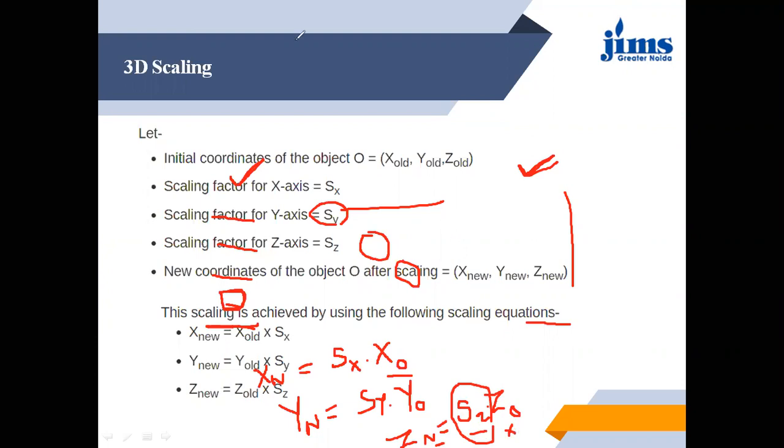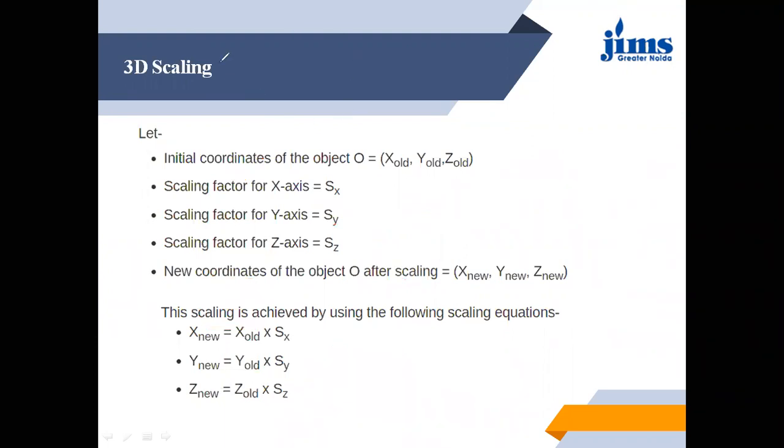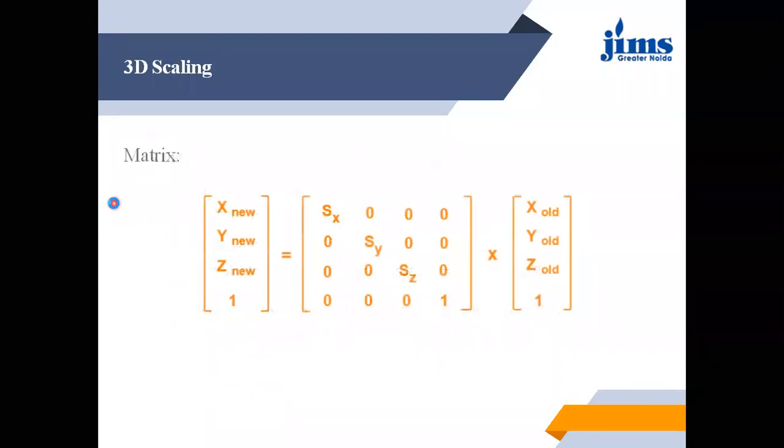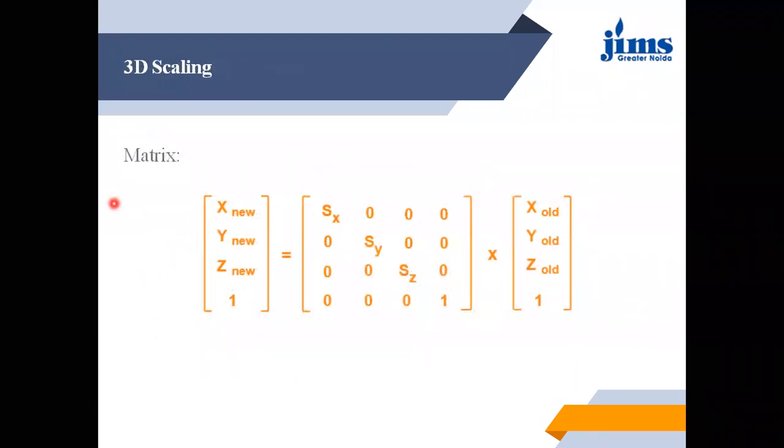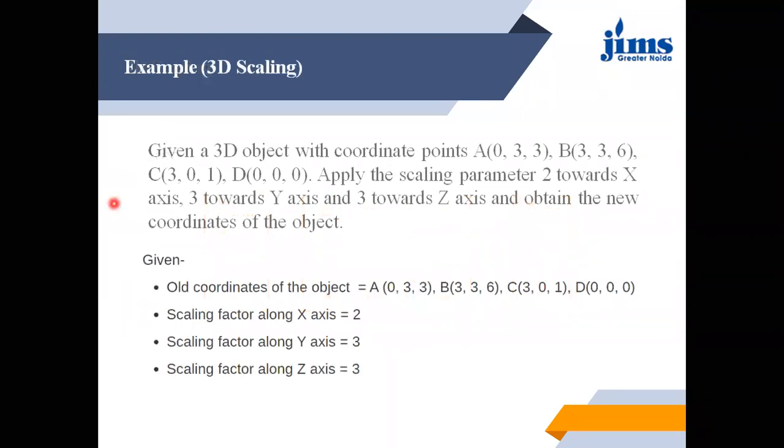This way we can find the values of new x, y and z coordinates. So this is the matrix representation, and now we will do an example based on 3D scaling.